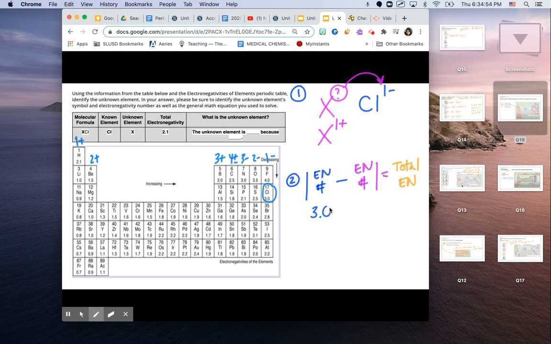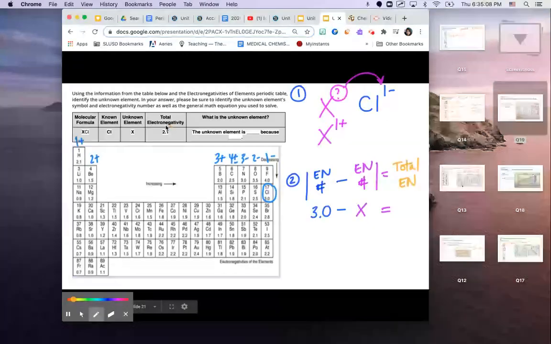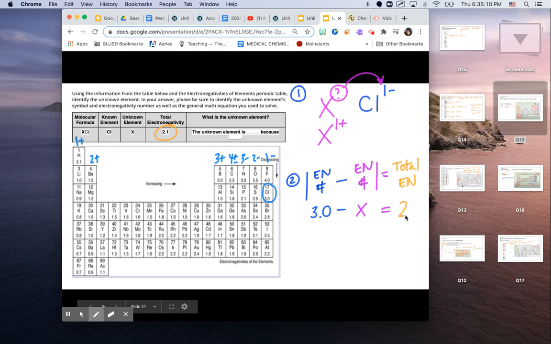So I have 3.0 minus, I don't know what this electronegativity number is, so let's just call it X. So 3.0 minus X equals my total electronegativity. So that's 2.1. So now I need to figure out and solve what X is using algebra.